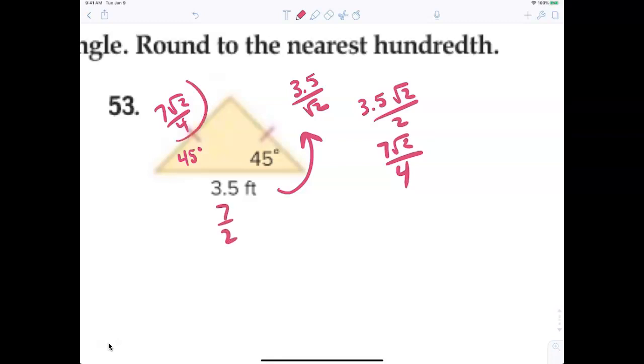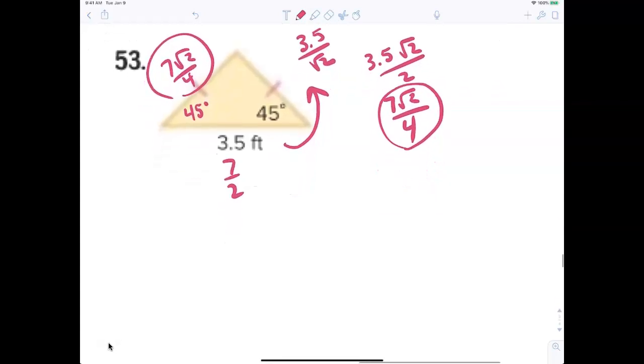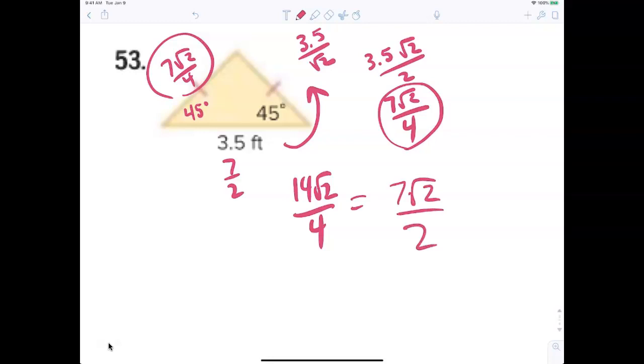Now we can add these two together. 7 radical 2 over 4 plus 7 radical 2 over 4 is, that's right, 14 radical 2 over 4. But then we reduce that to what? Yes, there you go. 7 radical 2 over 2 plus 7 over 2.